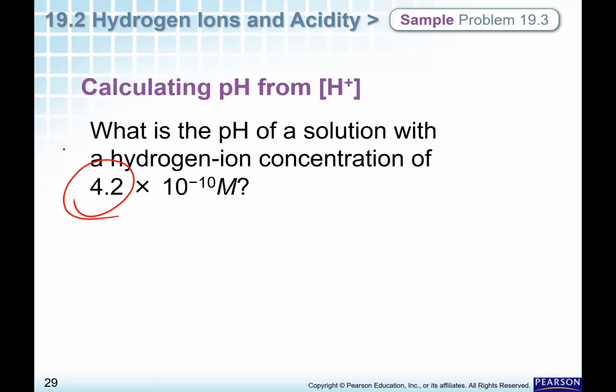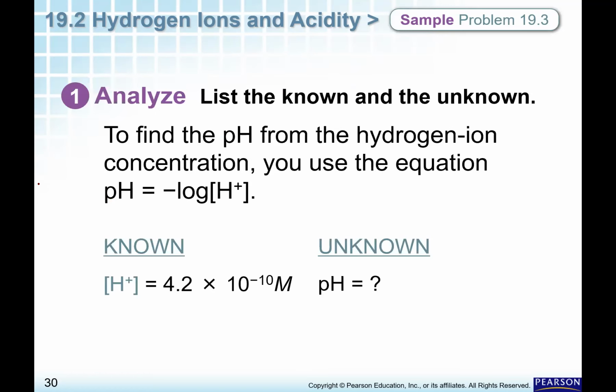What is the pH of a solution with a hydrogen ion concentration of 4.2 times 10 to the minus 10? We know that the answer will be very close to 10, but we don't know how much exactly. So first of all, we write the equation which states that the pH is equal to the negative logarithm of H plus.